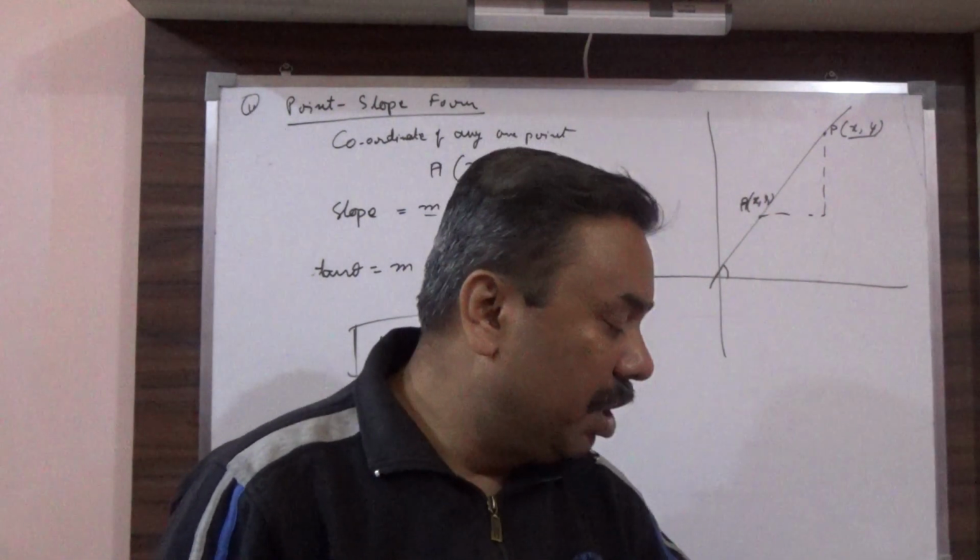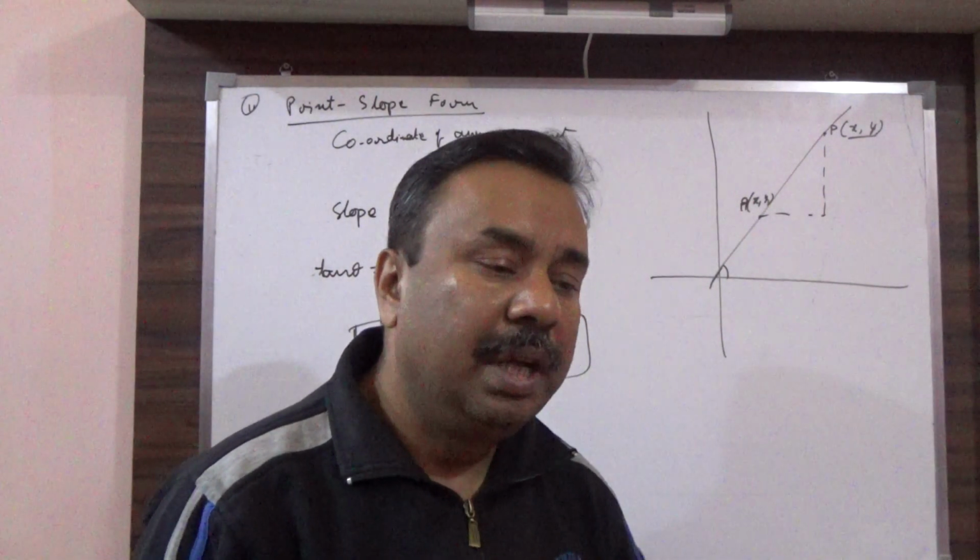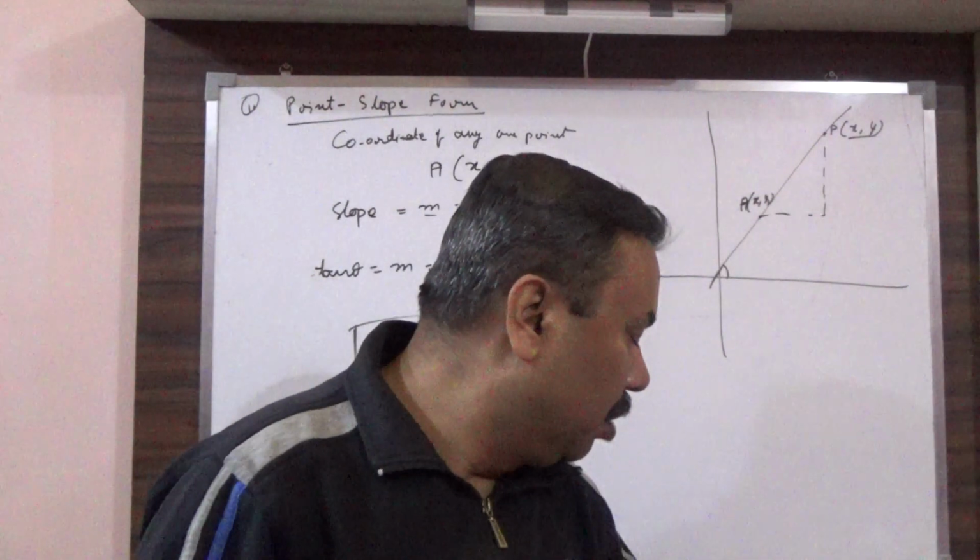Okay, so what is given to you is one point and the slope of the line.